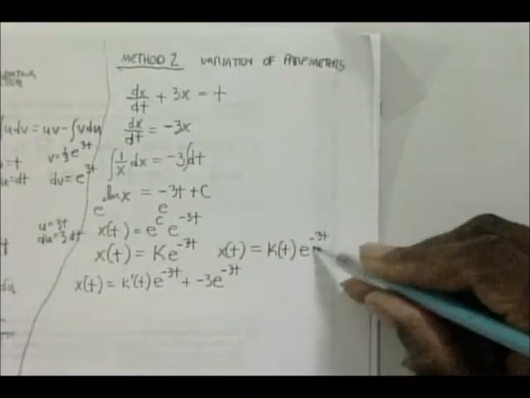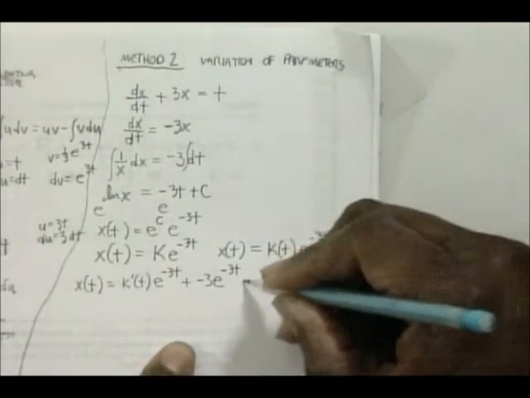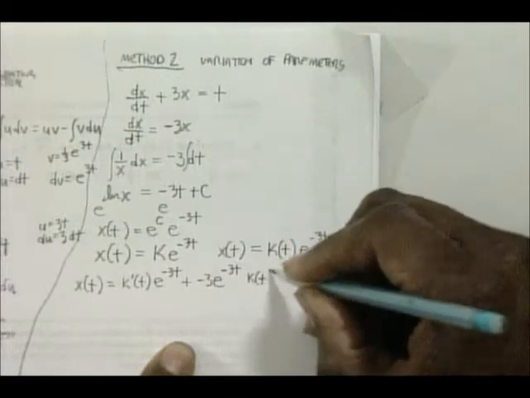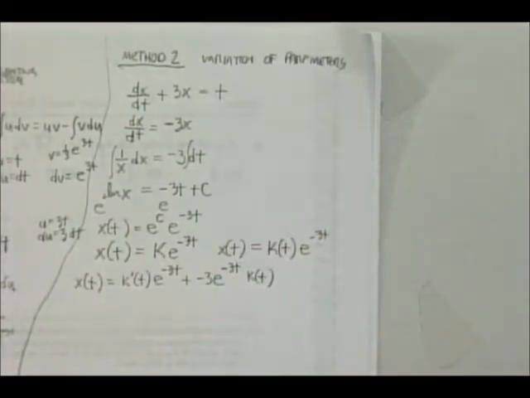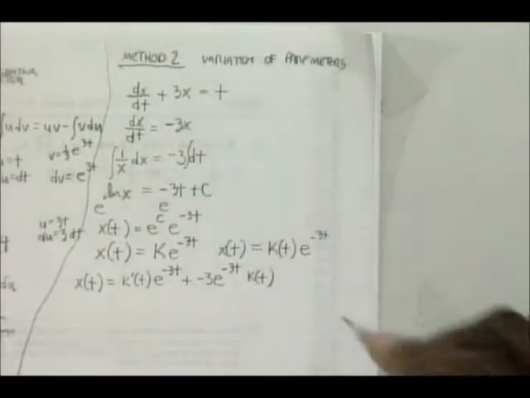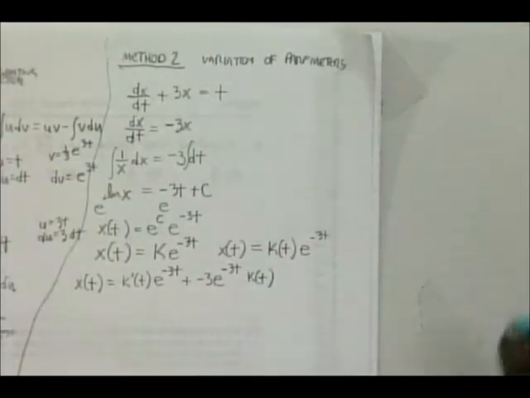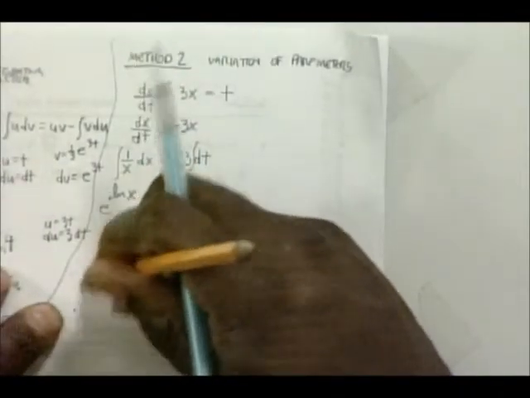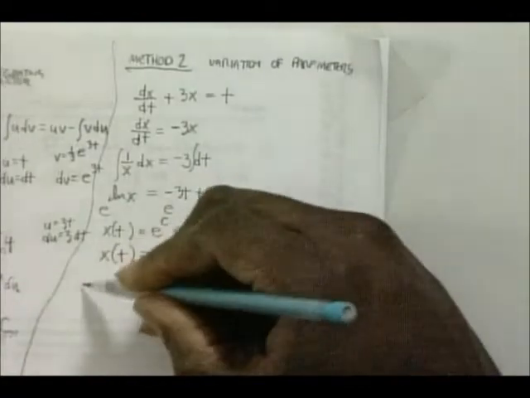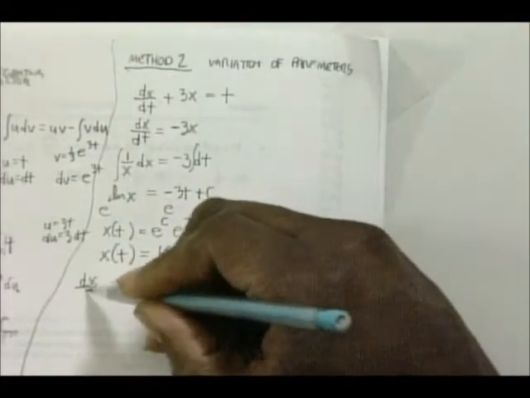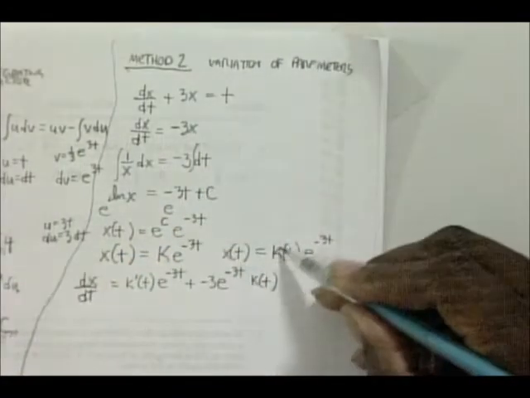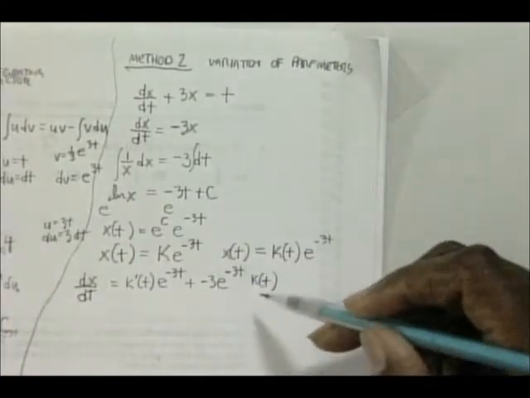That's the derivative of the second times the first, which is k sub t. I didn't write that well. This is dx/dt. Sorry about that. I just took the derivative of this using the product rule.